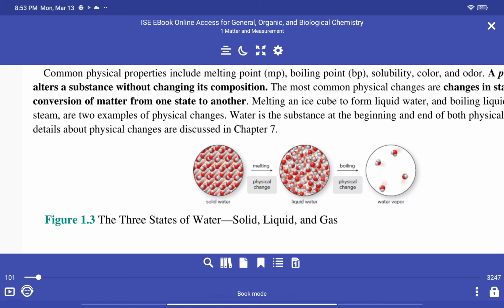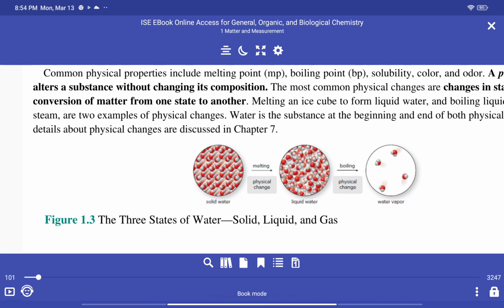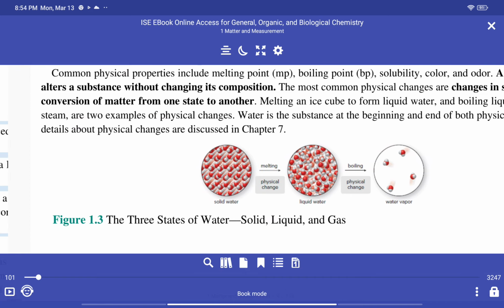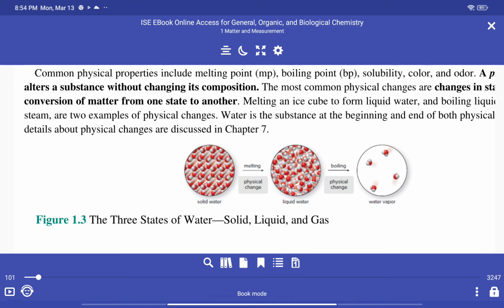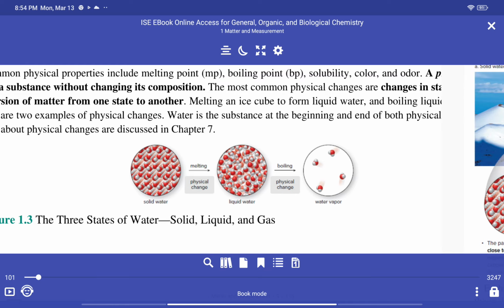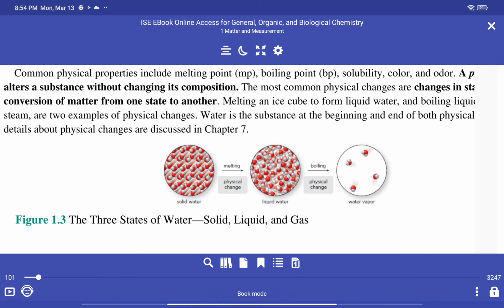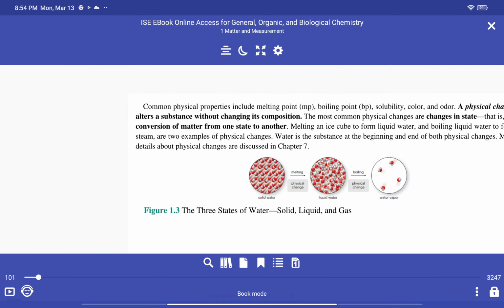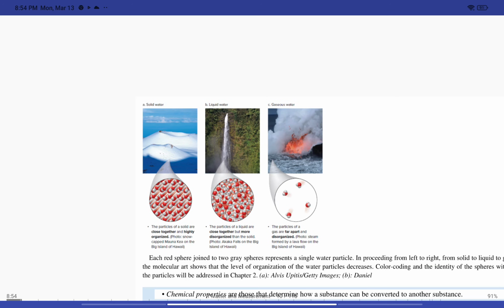So common physical properties include melting point or MP, boiling point or BP, solubility, color and odor. A physical change alters a substance without changing its composition. The most common physical changes are in the state.